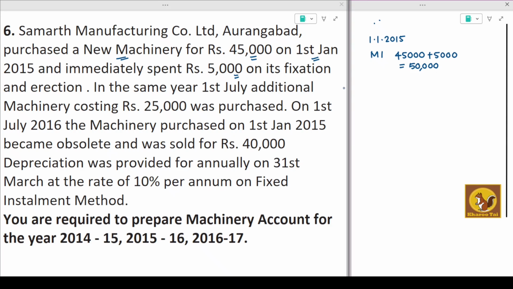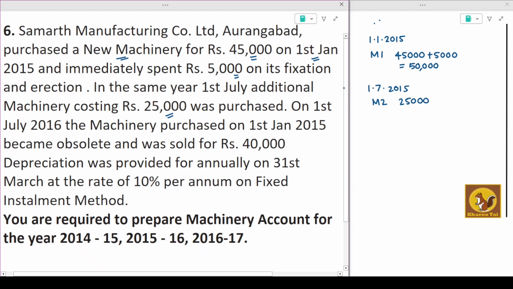Then in the same year, 1st July, additional machinery costing rupees 25,000 was purchased. So 1st July 2015, additional machinery means one more machine was purchased for 25,000. Correct?